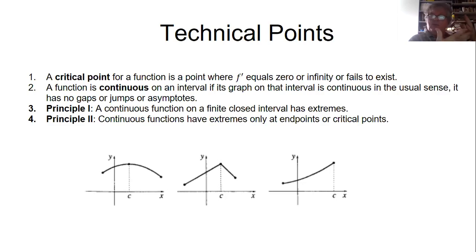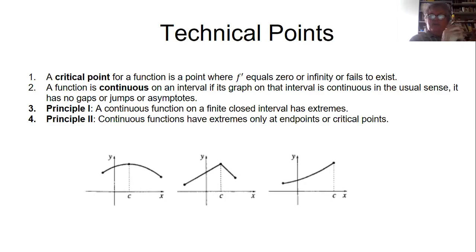And there are two important principles that functions obey. First one is that a continuous function on a finite closed interval has extremes. So remember, a finite closed interval, like you go from 1 to 3, or 2 to 7, whatever. It's finite, it's got a length.